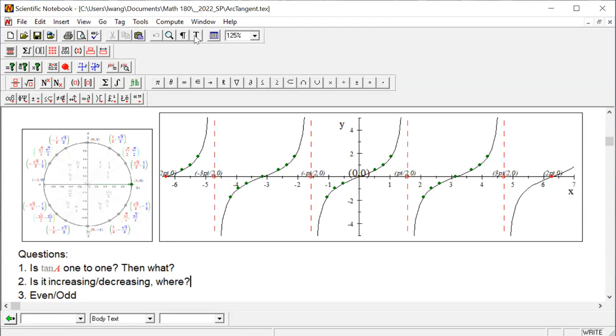Well, if we draw a horizontal line arbitrarily, I would like to use a thinner line. Suppose I draw this line, which crosses this piece.